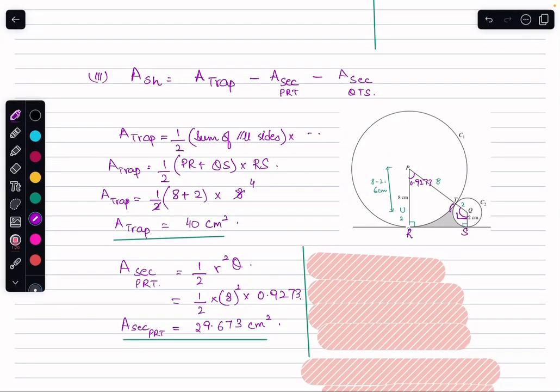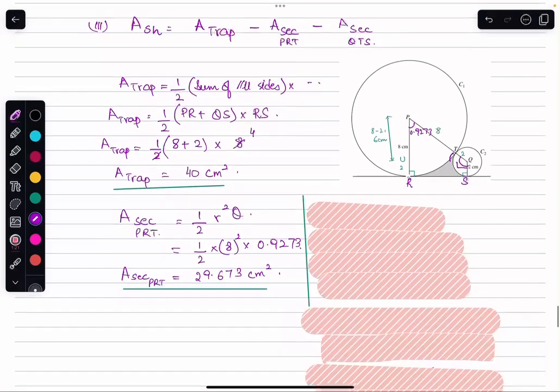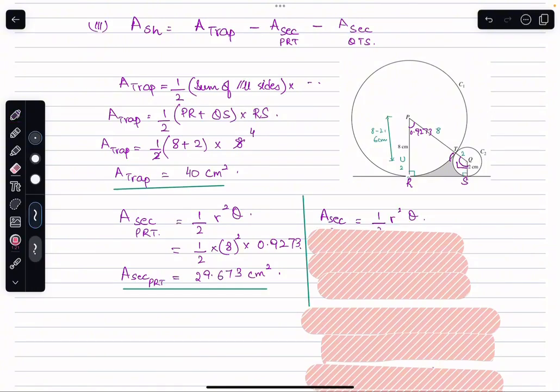Solving it, this area comes out to be 1 by 2 into 8 squared into 0.9273, which gives the area equal to 29.673 centimeter square.